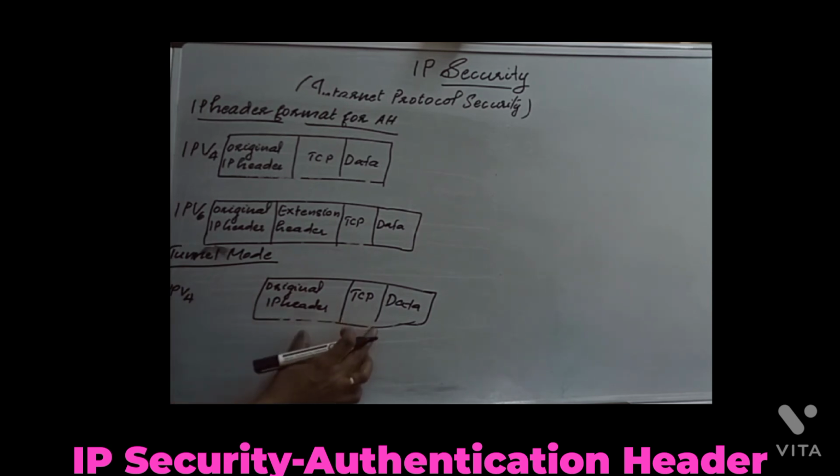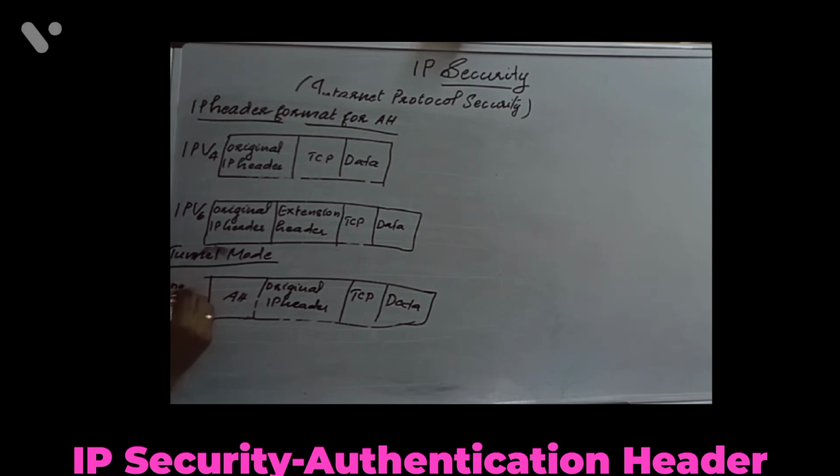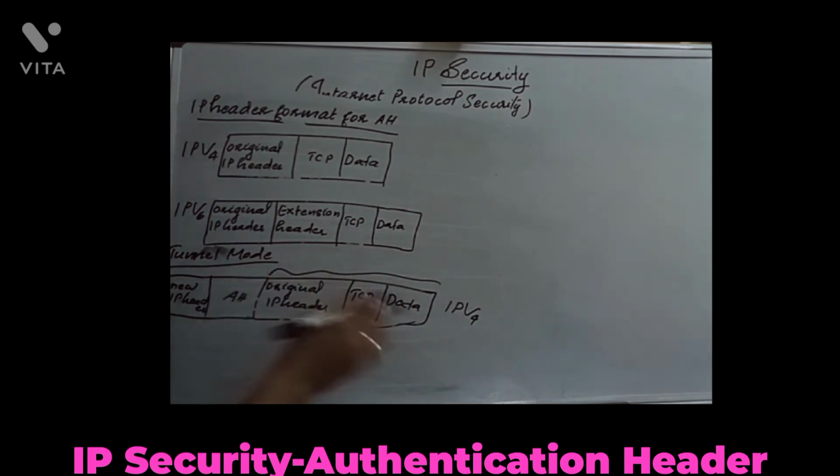In tunnel mode, this actual header format will be considered as the inner packet. Then again we have to insert AH here, then a new IP header. So here this will be considered as the inner packet, and we include AH and a new IP header.